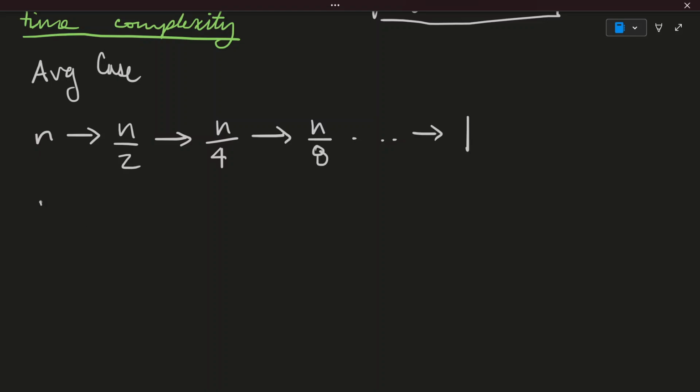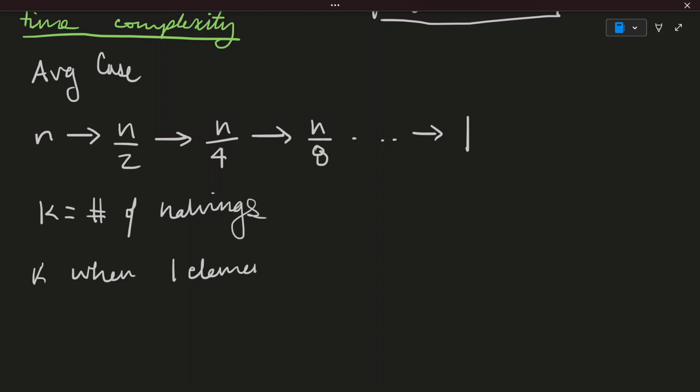So let's say k is the number of halvings you have. We want k when there's only one element left.